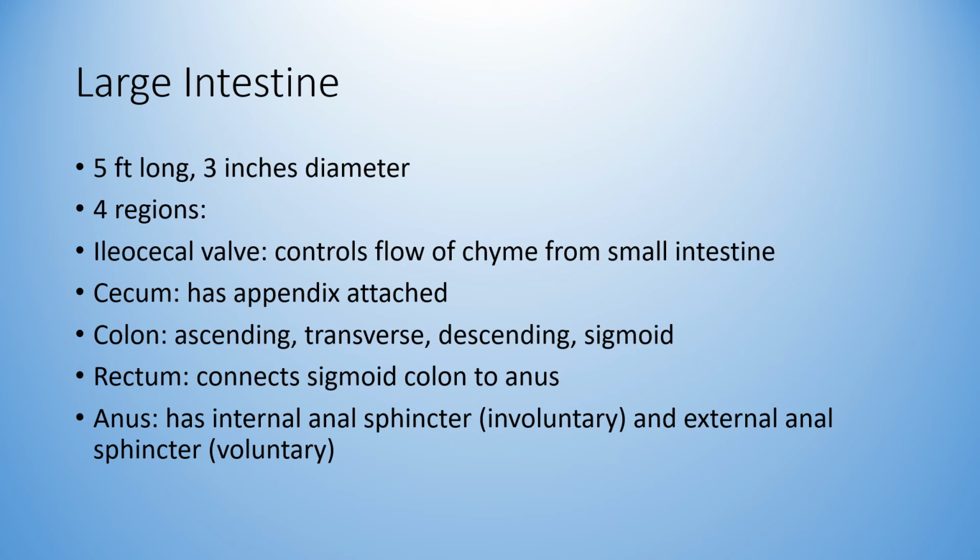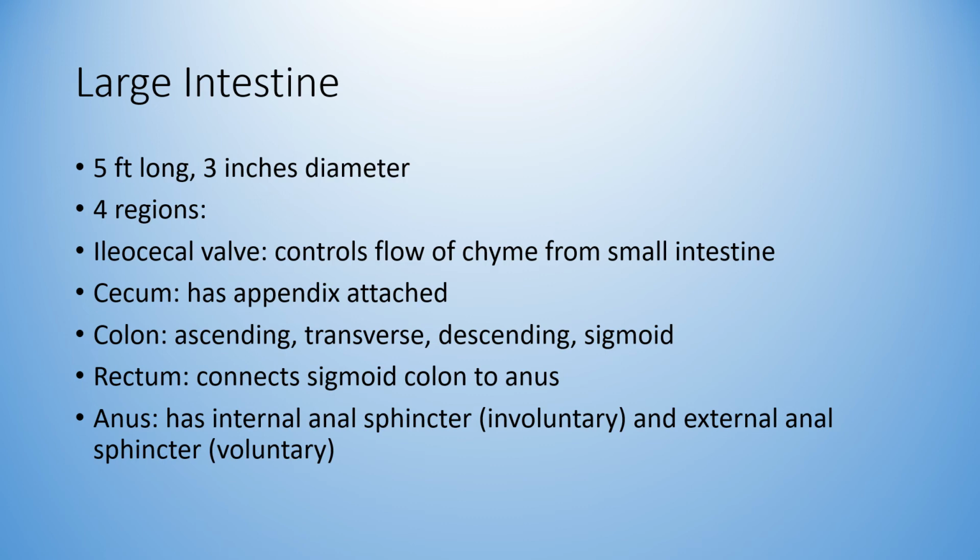There are 4 regions of the large intestines. You have that ileocecal valve. That's once again a valve controlling the flow from the small intestines into the large intestines. The cecum is the beginning section of the large intestines. Then you have the colon, which refers to the ascending colon, and we'll see it's going to move in this order, and you'll see next in the picture: the transverse, the descending, and then the sigmoid.